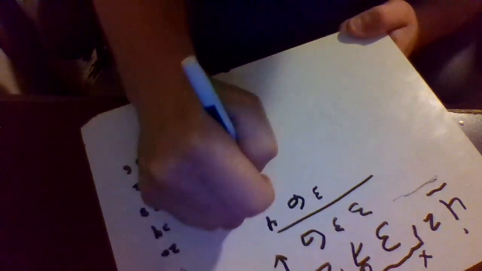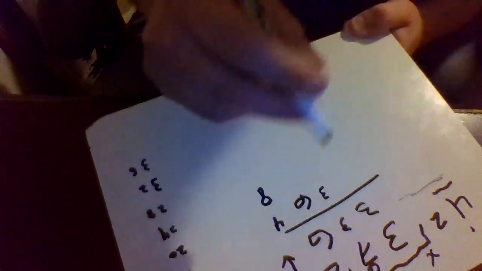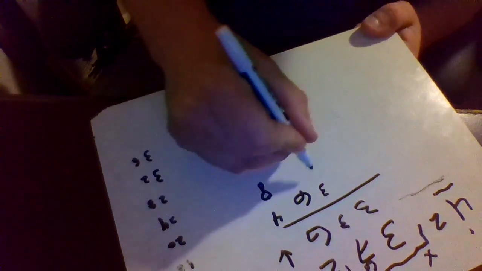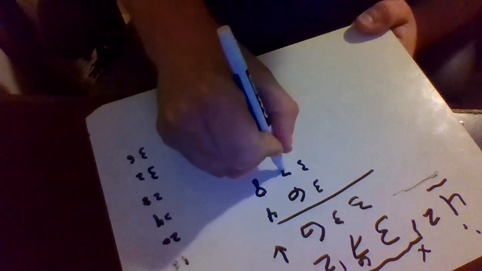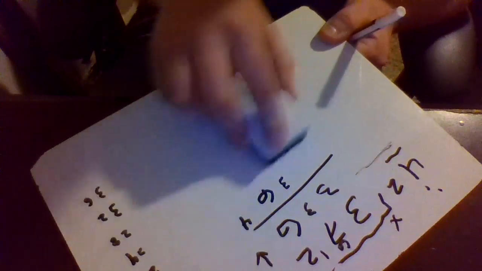So let's try it before we take the shortcut. 9 times 2 is 18. Carry the 1. 9 times 4 is 36, plus 1 is 37. So the bottom number is bigger than the top. So we can't do that. No bueno. No good.